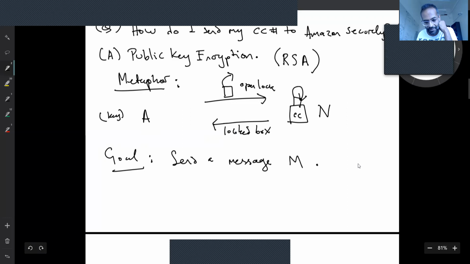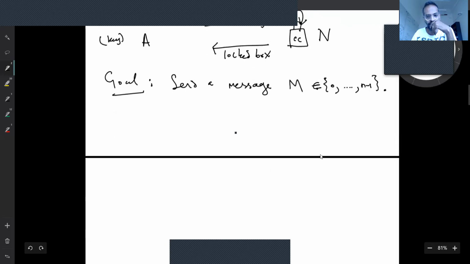Let me say the message is a number in some set 0 through n-1. I'll tell you what little n is in a moment, but my credit card is an example of a number. Of course, you could send any other information by encoding it as a number if you want.